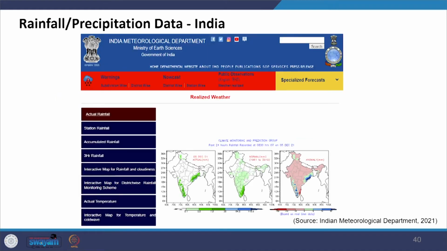Let us see the parameters and the process of calculating water budget and see what kind of information is required. First, we see precipitation. The rain, snow, sleet or hail that falls to or condenses on the ground is referred to as precipitation, and is the main input to the hydrological cycle.